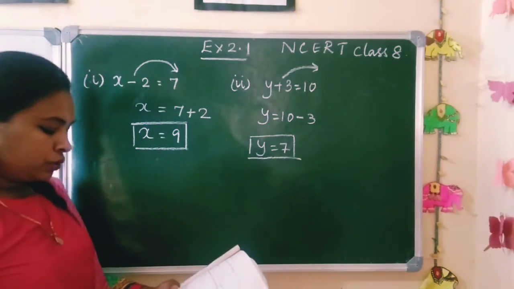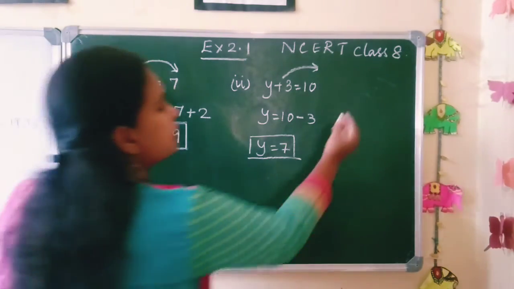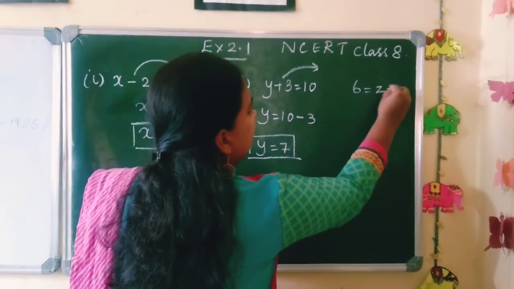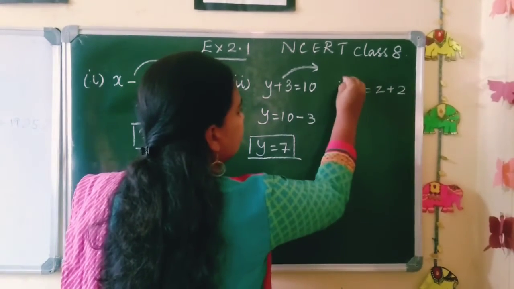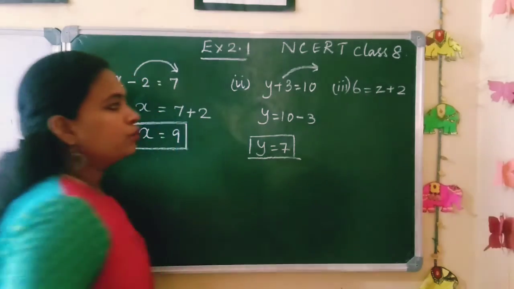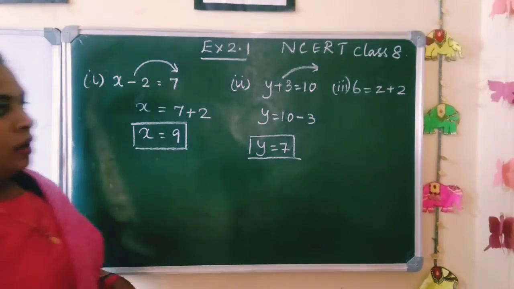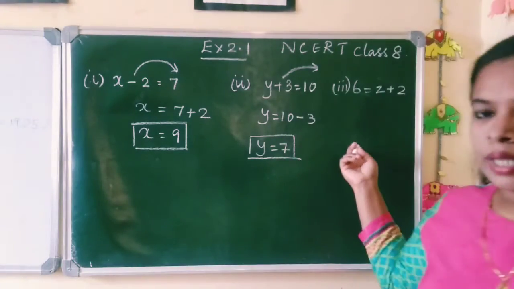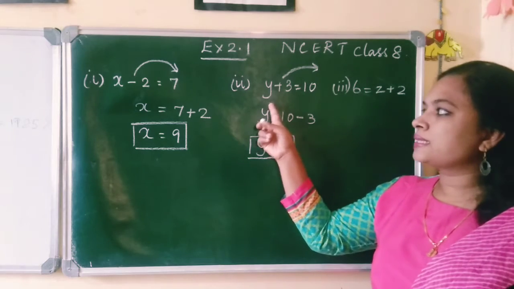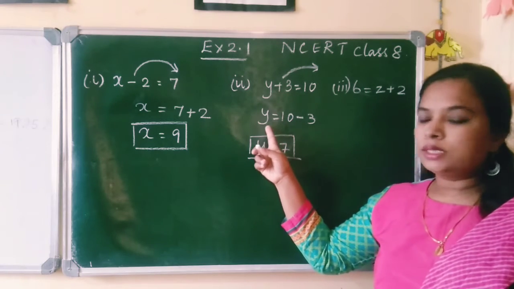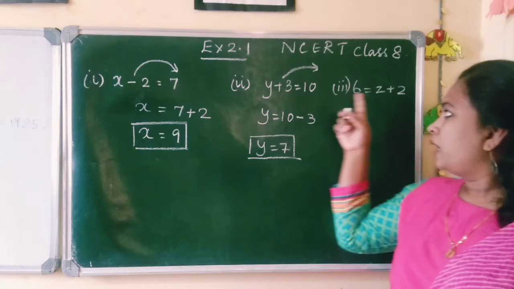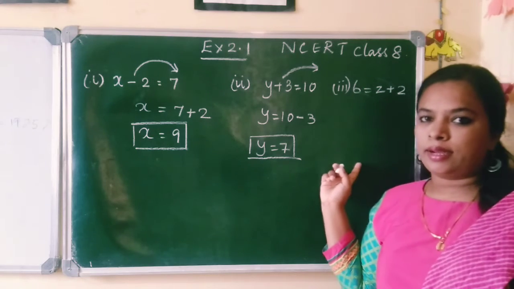Then next, moving on to the third question, it is 6 is equal to z plus 2. So now in this case, this is your room. In this case, y was on the left hand side. Now here z is on the right hand side.